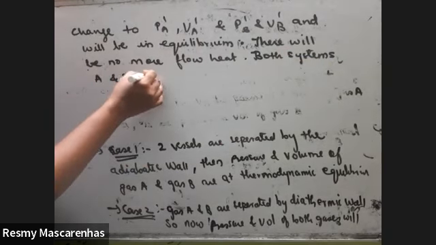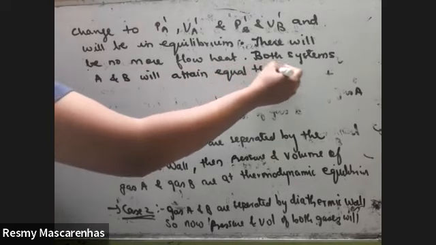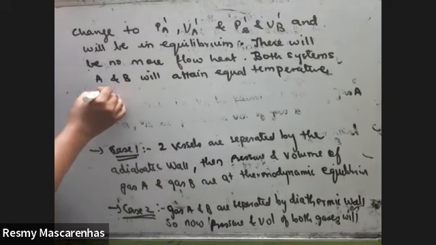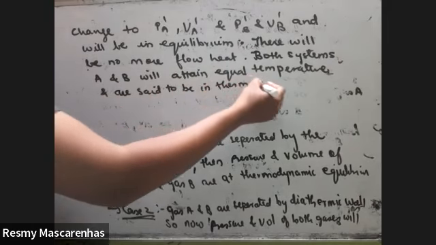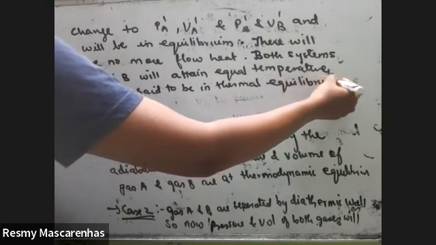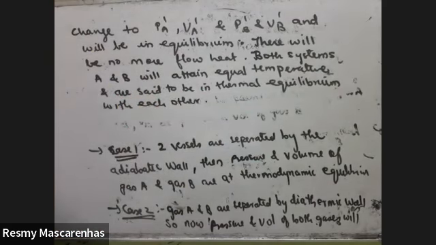Both systems A and B will attain equal temperature now, and are said to be in thermal equilibrium with each other. Okay, so this is called as thermal equilibrium.